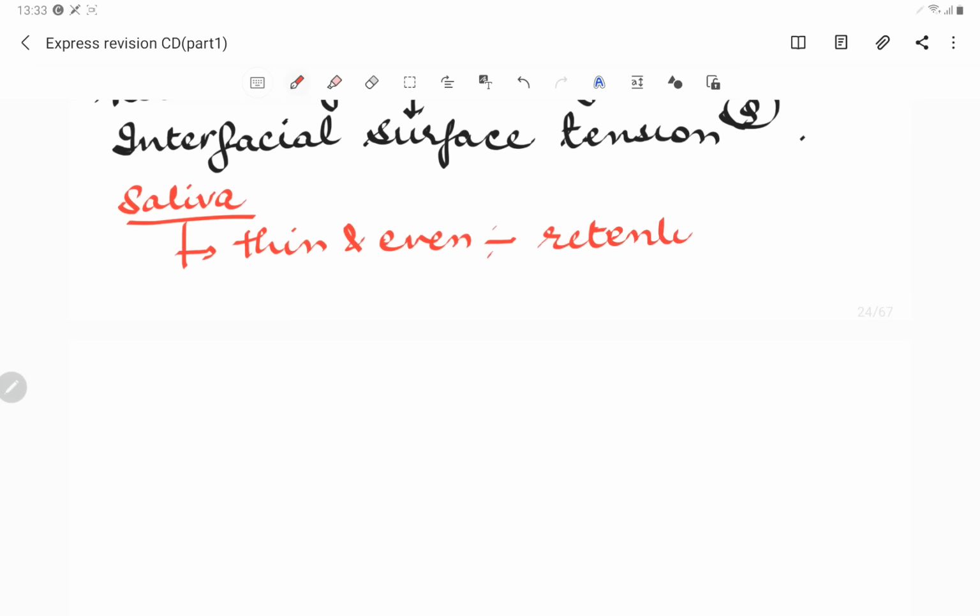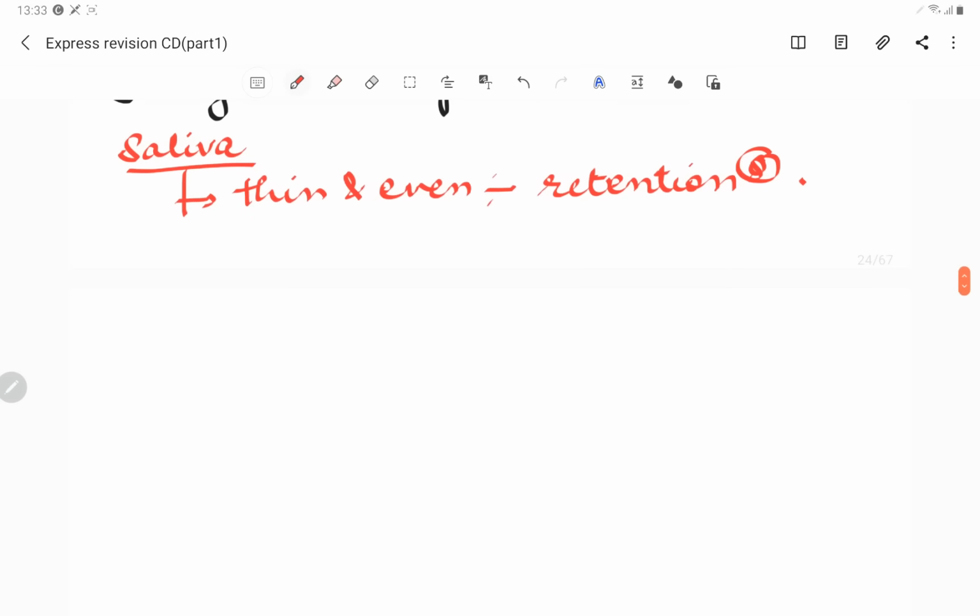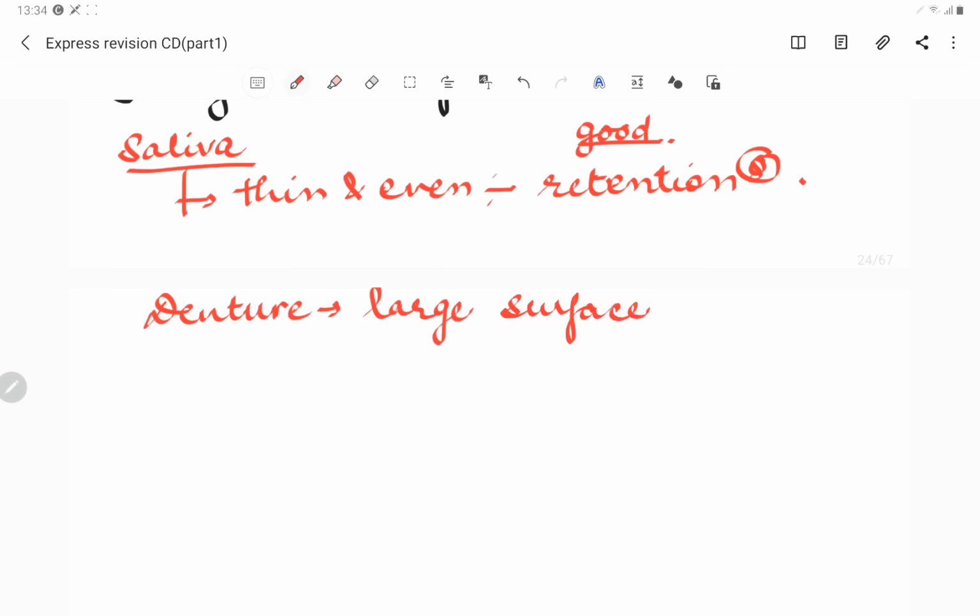So, retention will come, and the denture base, we are talking about good retention, right? Let me write good retention. One is the saliva should be even and thin, another one is the denture should cover large surface area so that the occlusal forces are distributed well and good stability will come.